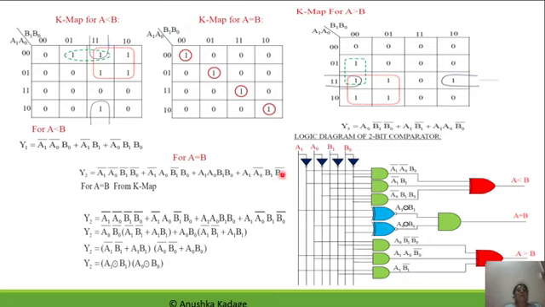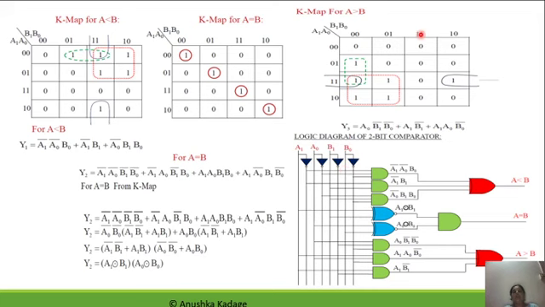Now we can re-simplify this part, and finally we can write that this is a combination of A1 XNORed with B1 and A0 XNORed with B0. After doing all these algebraic operations, the final result for Y2 is given by two XNORing operations to be performed.